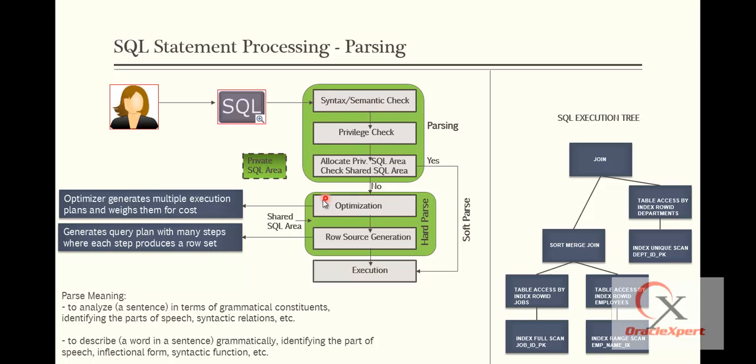But assume that this statement was very unique. Nobody in the recent past ran the same statement. So the shared SQL area is not available. Oracle computed the hash value, started the parsing, allocated the private SQL area, then it started checking in the shared SQL area namespace of my library cache.